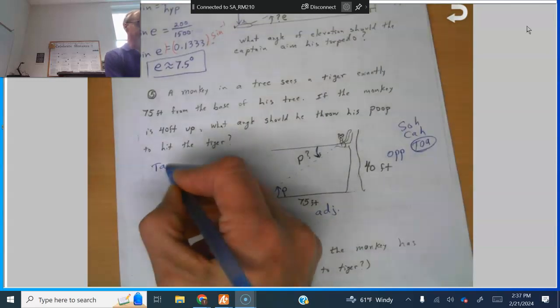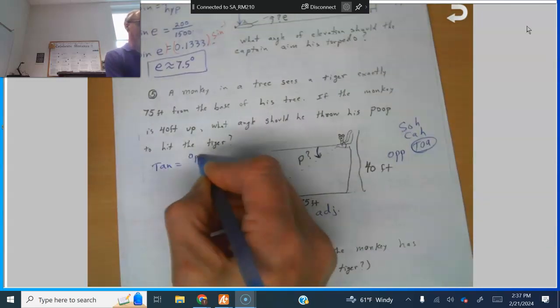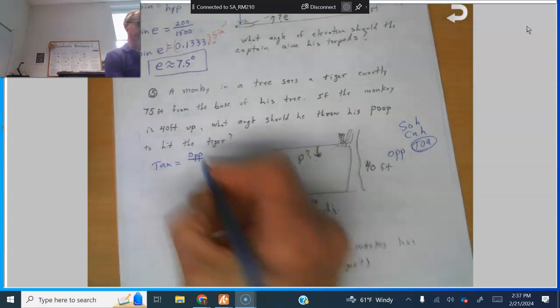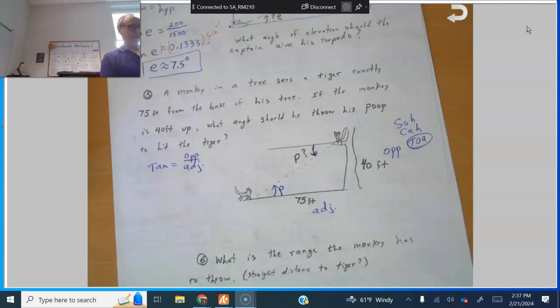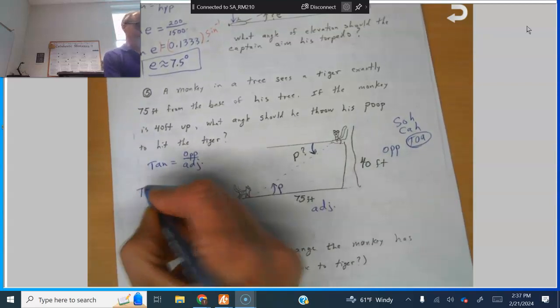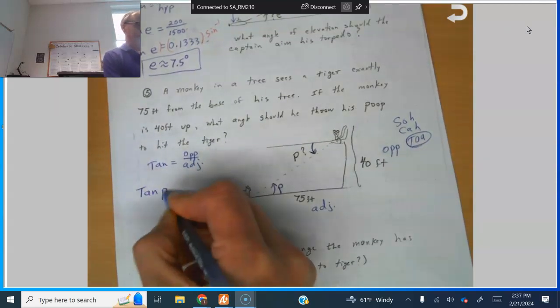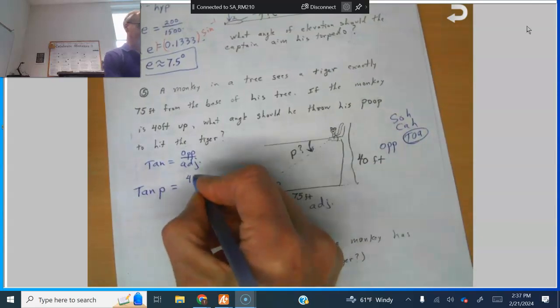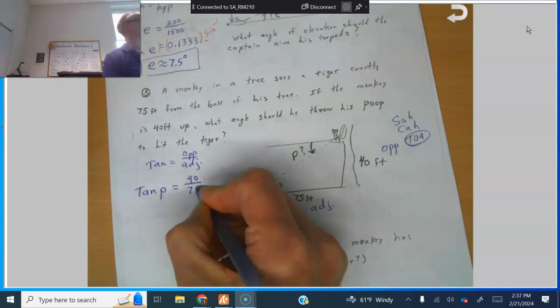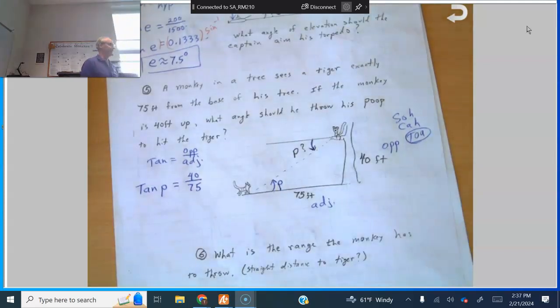So the tangent is opposite over adjacent. And we want to find our angle P. Tangent of P is equal to 40 over 75. Find your angle that has that tangent.